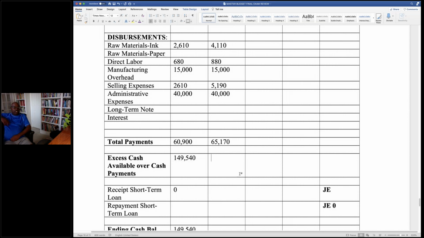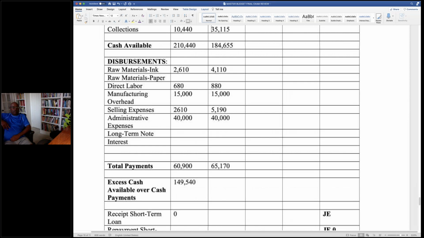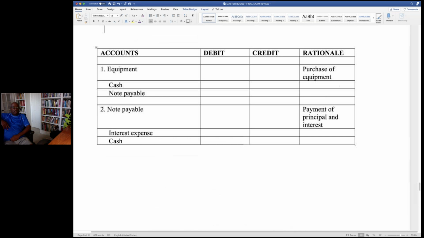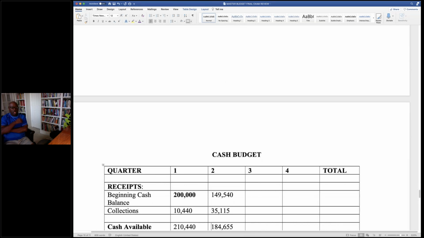How much cash did you have available? Didn't I have 100,000? Look up there, see how much you had available. Go back to the top of the cash budget.